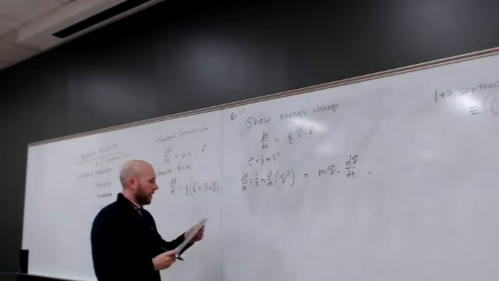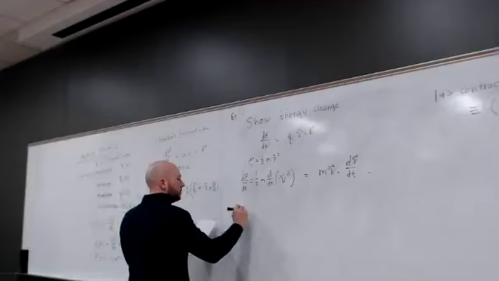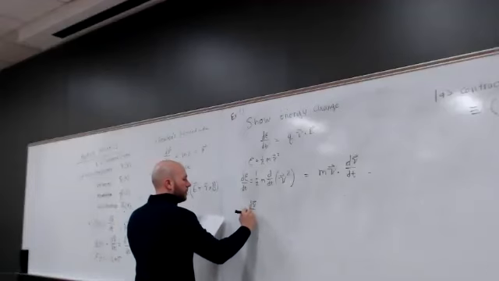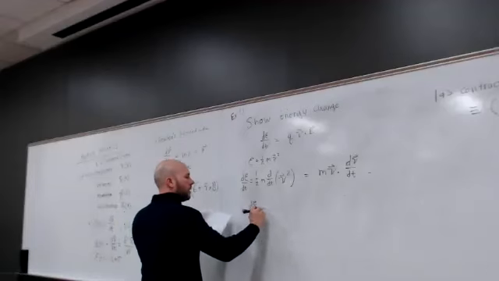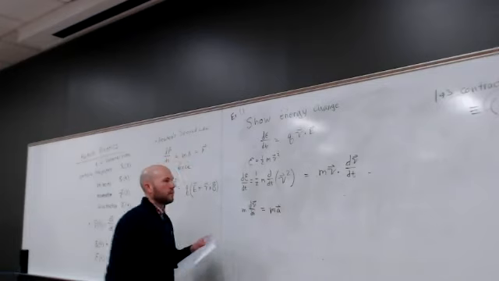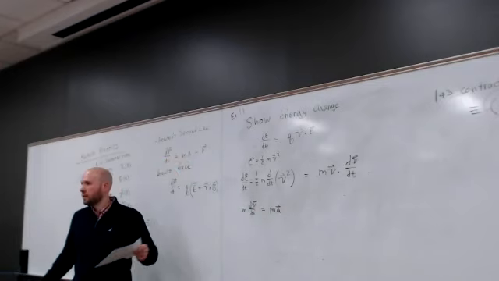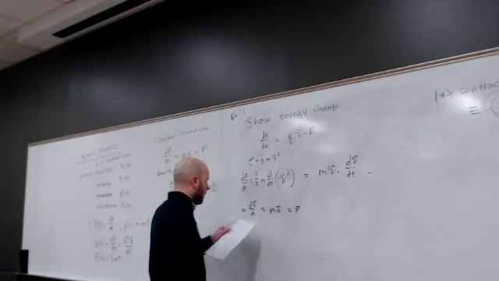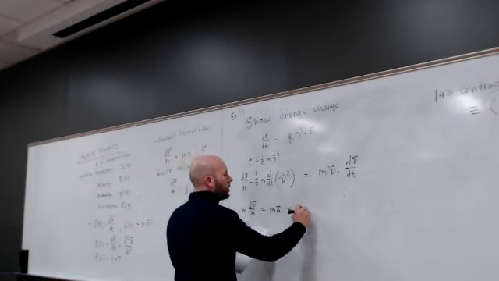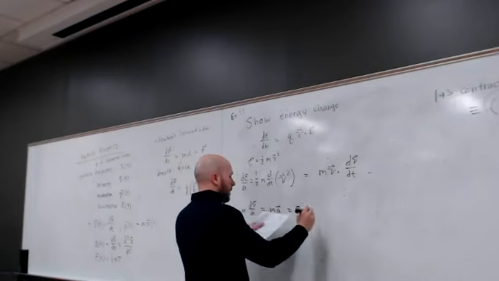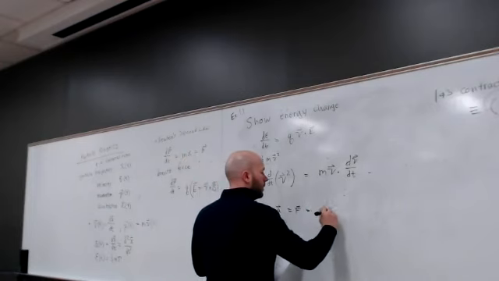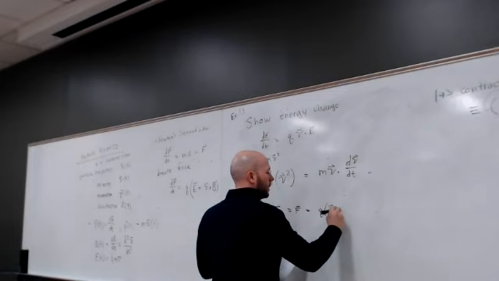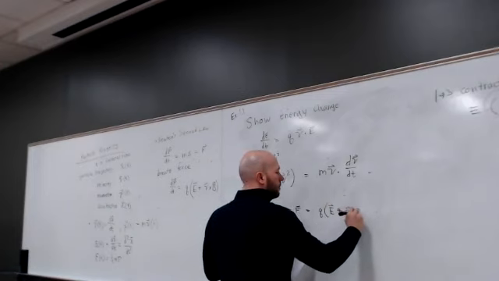Just chain rule there. Now, this guy has got to be equal to ma, clearly. That's just the mass times the acceleration, which has got to be equal to my force law, which again, I've already defined here to be q(E plus v cross B).